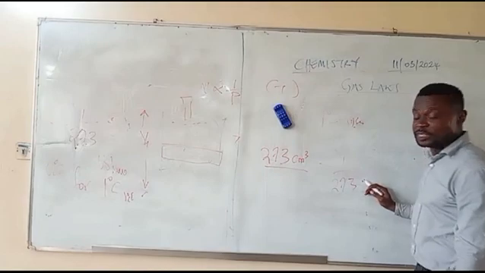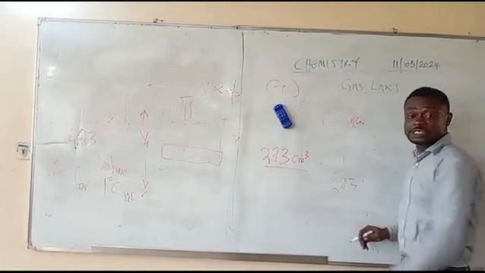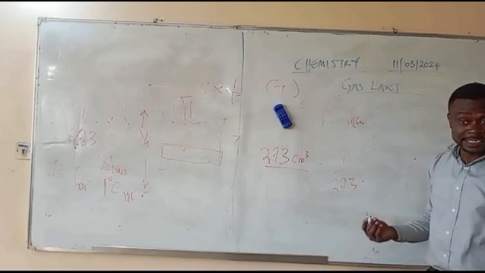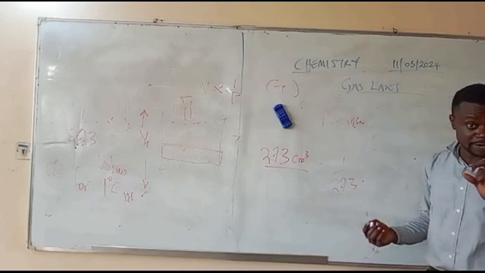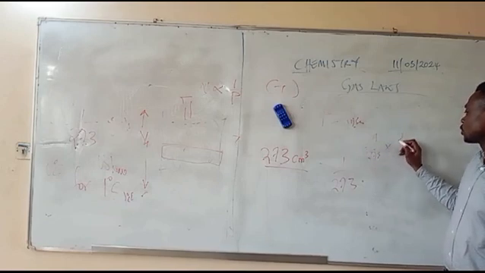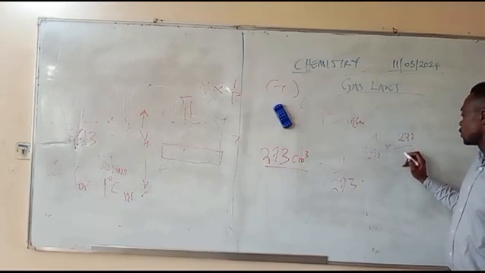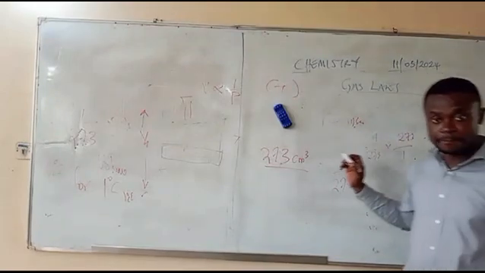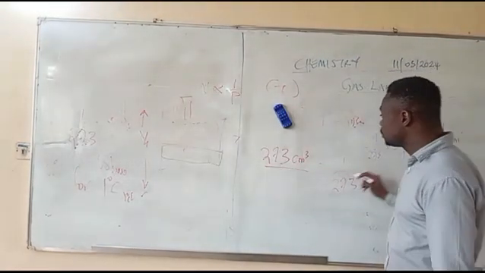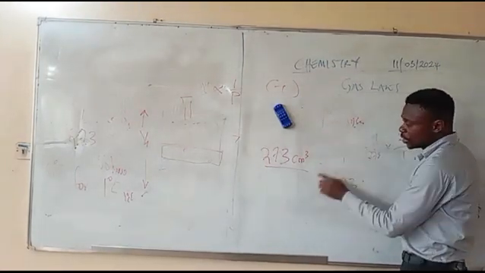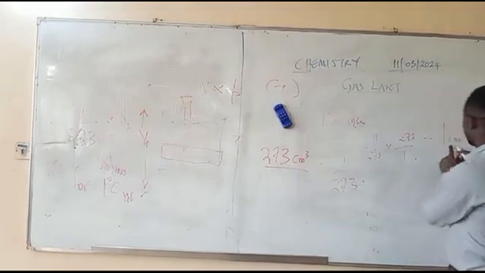So 1/273 of 273 is 1 cm cube, which is simply 1/273 times 273 over 1. Are we together? So a 1 degree rise in temperature increases the volume by 1 cm cube.